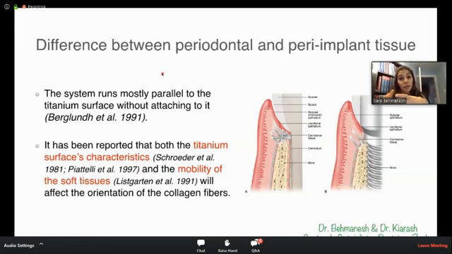And the only surface so far, based on literature, that shows some perpendicular attachment is the Laser-Lok implant surface. So in literature at the research level, they realized that the Laser-Lok implant collar causes the collagen fibers to go perpendicularly as opposed to parallel. However, again, the attachment is super weak. It's not comparable to a natural tooth at all. And it's not a true hemidesmosomal attachment at all. They just go vertically. They're not embedded into the titanium surface.